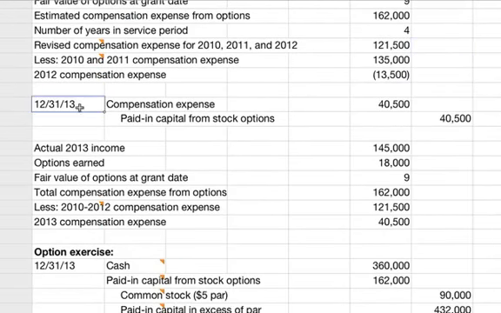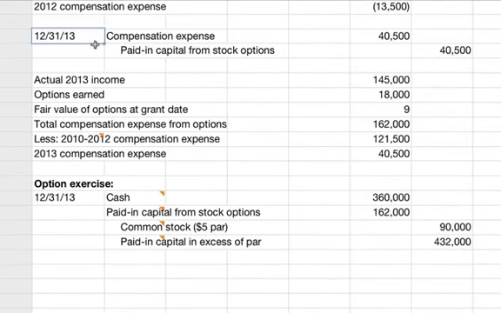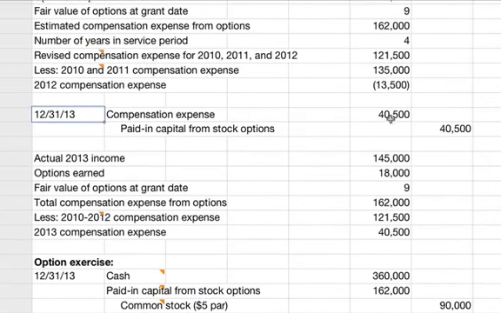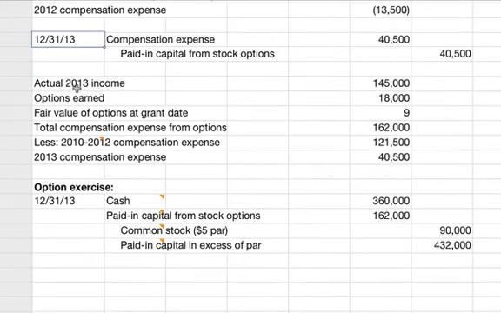Now at the end of 2013, compensation expense is back to a debit of 40,500. We credit paid-in capital from stock options for the same amount. Now we have our actual 2013 income, 145,000. That leaves us in the tier with 18,000 stock options times $9 per option, which is 162,000.